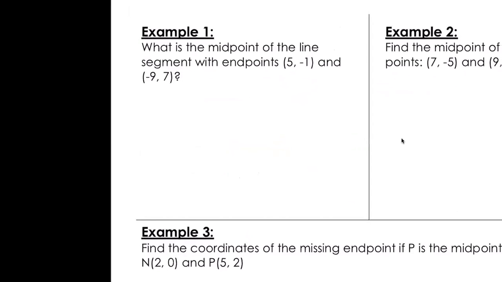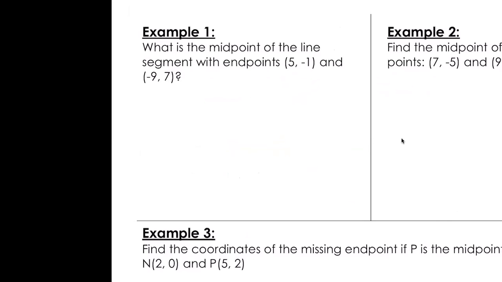Example 1. What is the midpoint of the line segment with endpoints 5, -1, and -9, 7? So let's begin by writing over our points. That's my first point. And my second point is -9, 7. Now I want to label these x, y, x, y.